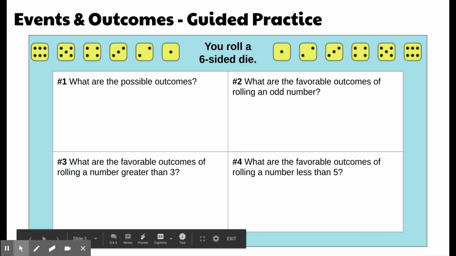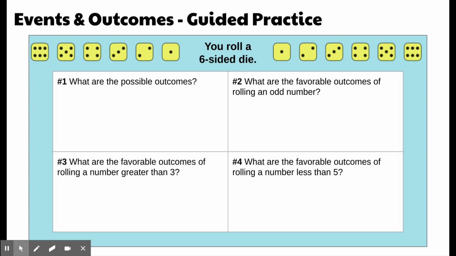All right, so let's look at an example. Again, you are rolling a 6-sided dice. We already talked about number 1, what are the possible outcomes? So you could either roll a 1, a 2, a 3, a 4, a 5, or a 6. Those are all the possible outcomes. Number 2, what are the favorable outcomes of rolling an odd number?